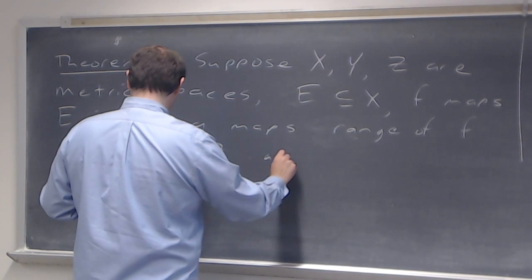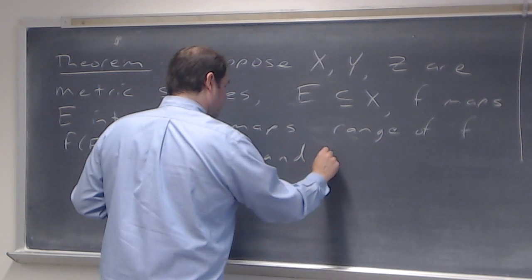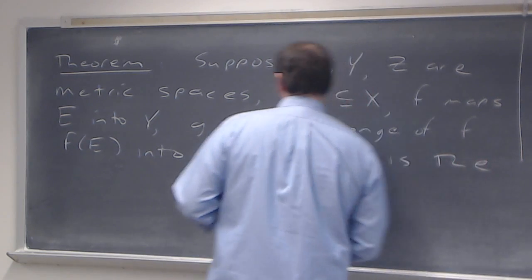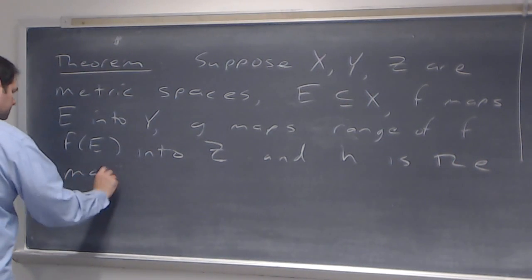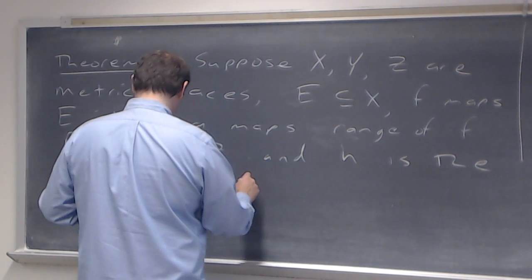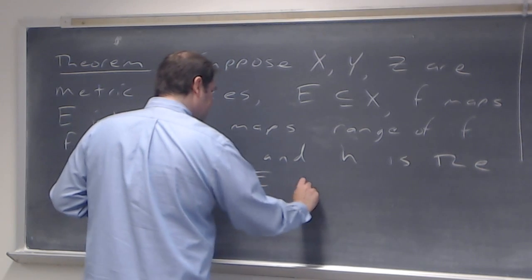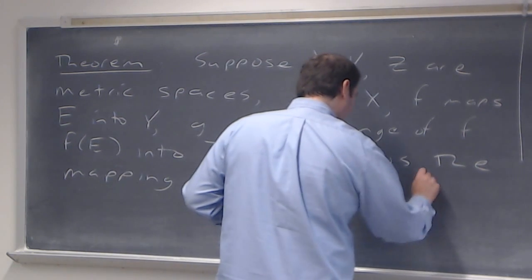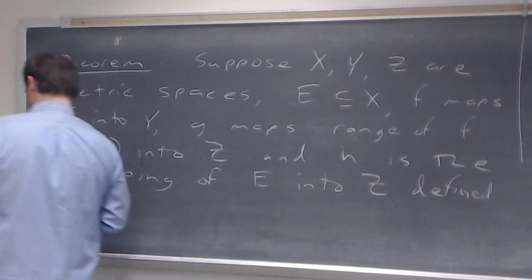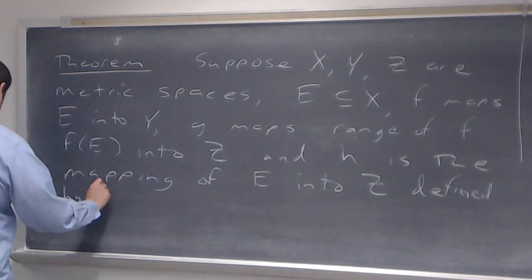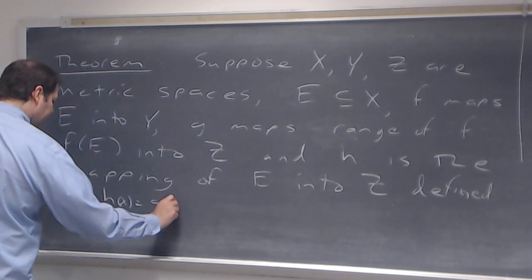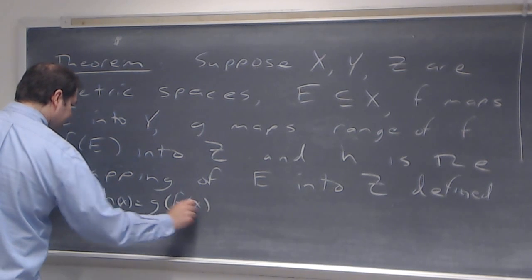and we're going to define H as the mapping of E into Z defined by H of x is equal to G evaluated at F of x.